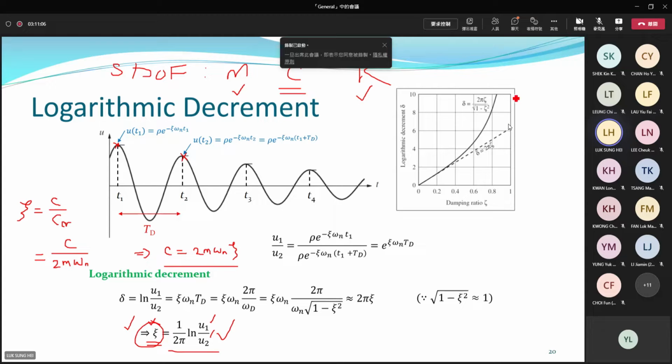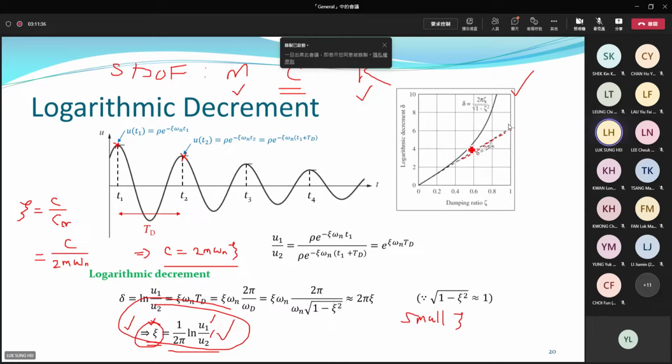There's one graph on the top right-hand corner of this page. It just talks about the assumption that I made. For these durations, we assume that we have small damping. Then we have a relationship, 2 pi damping ratio. You can see that for small damping, it's represented by this dashed line.